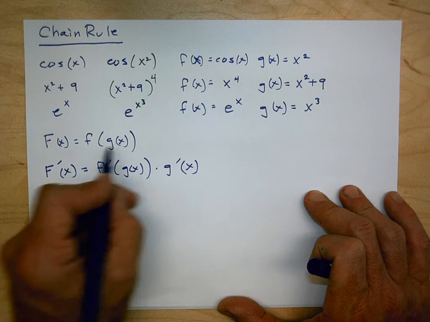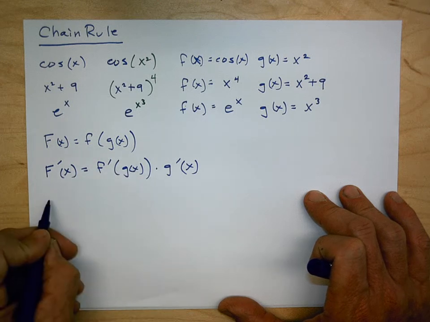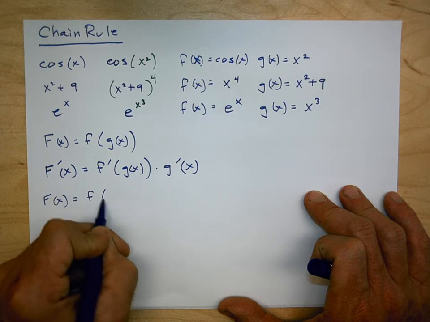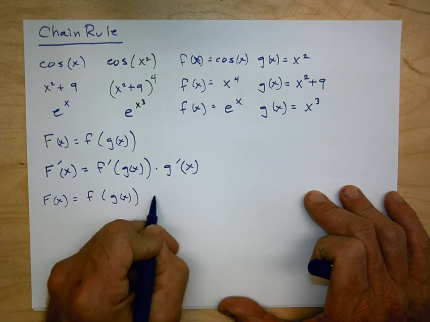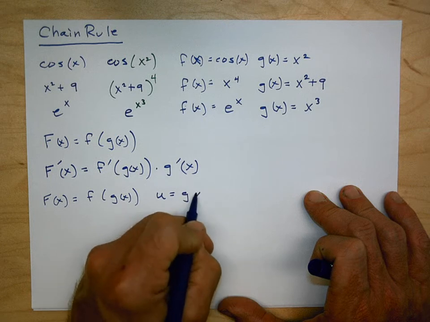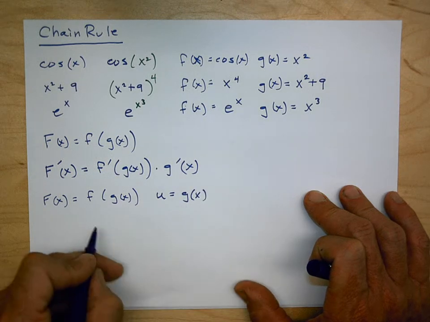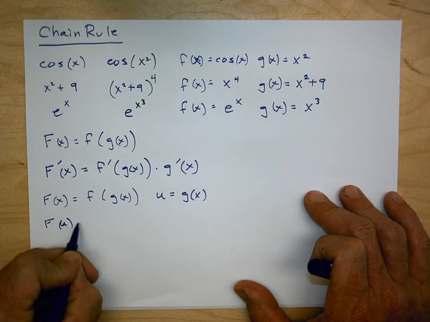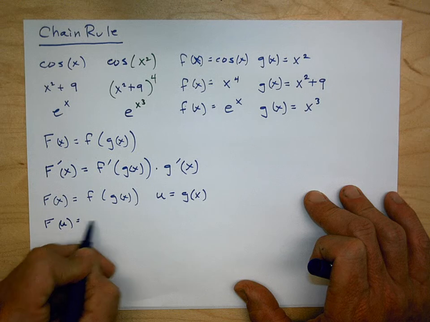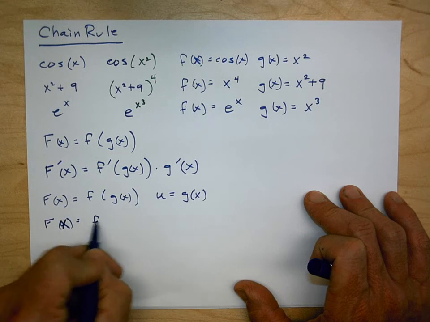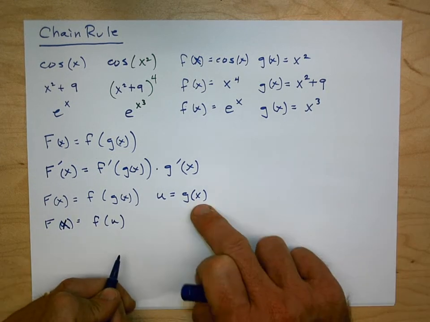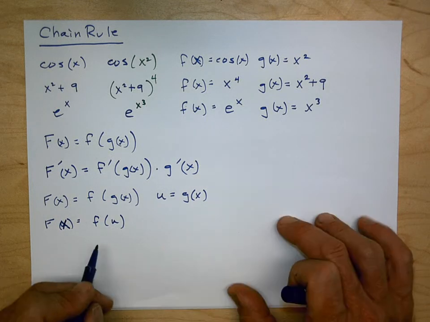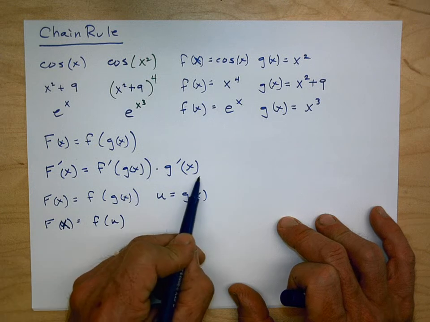Many times you may also see this written as follows: we have f of x equals f of g of x, and we'll let u equal g of x. Now we have f of u, which is actually still f of x, because I've replaced g of x with u. So this is one notation that you'll see.